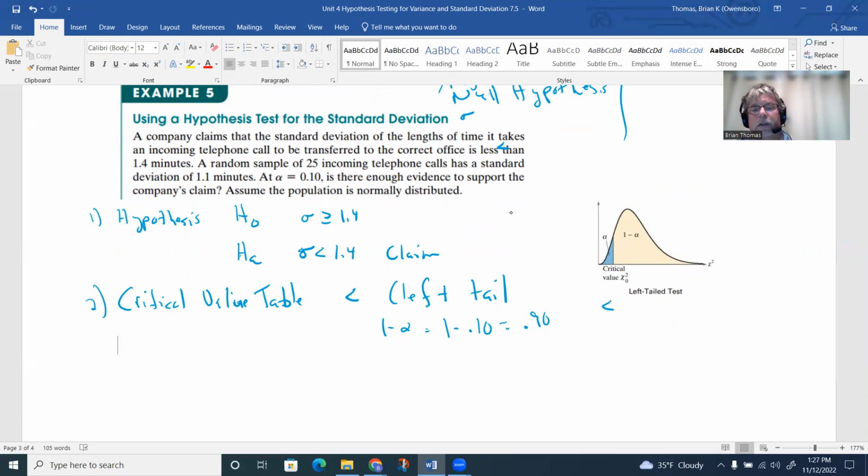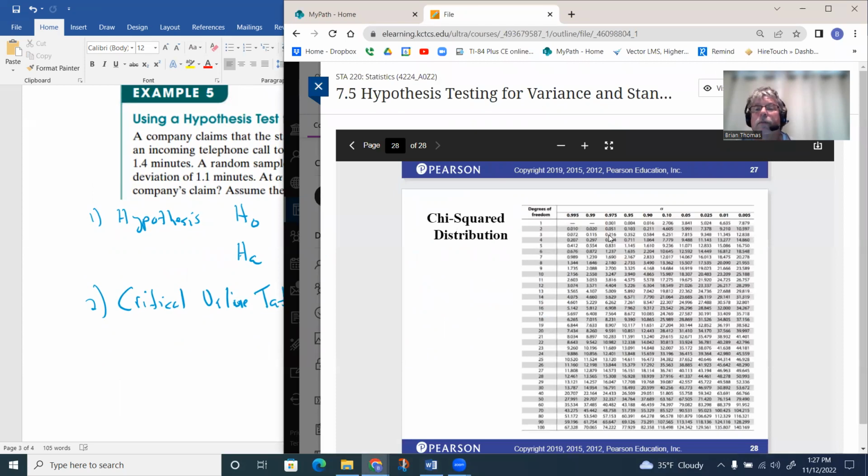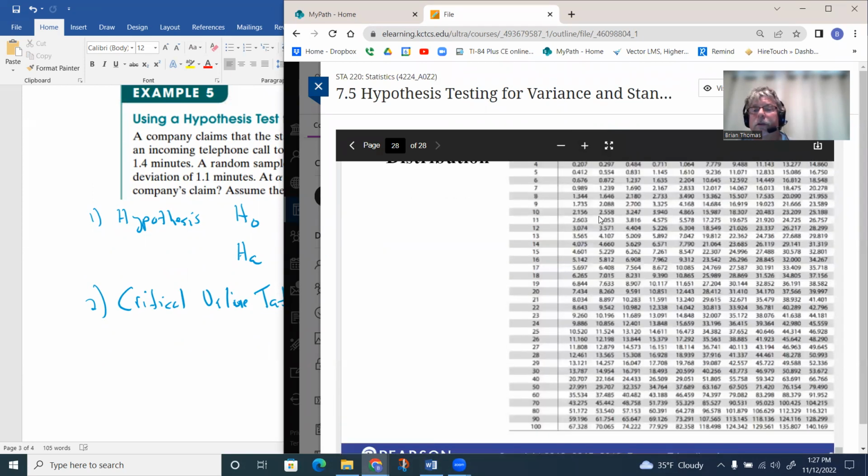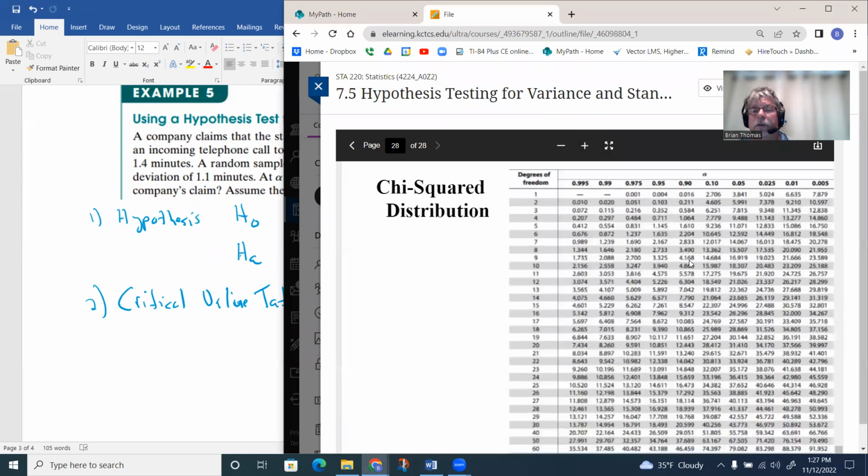So we have to pick up on that we actually have to use 1 minus alpha this time. And then our degrees of freedom, since there's 25 in our sample, would be 24. So I'm using this 0.90 and this 24 to identify our critical value.